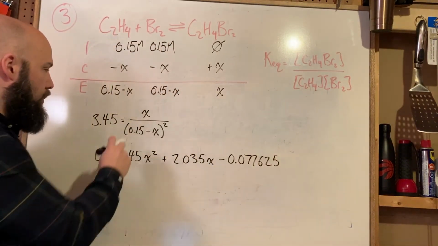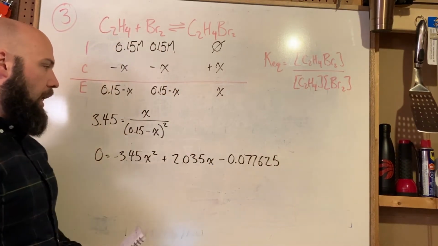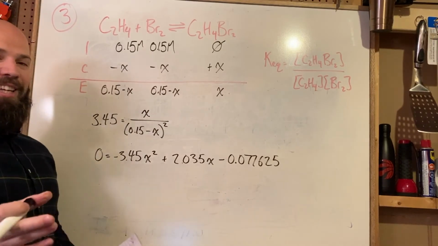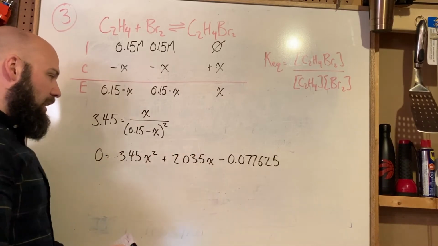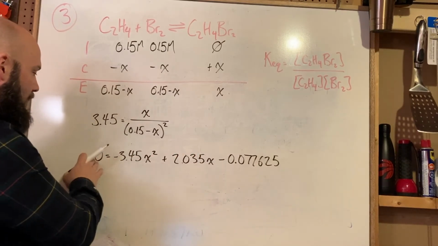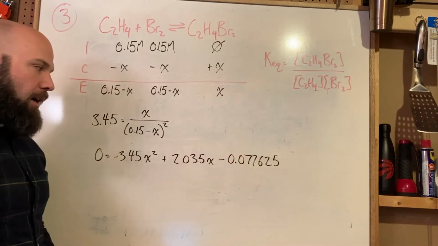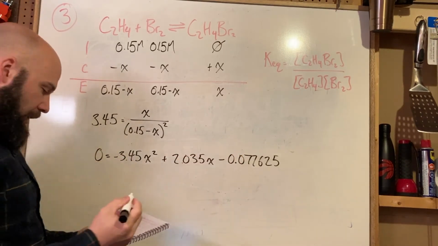So all I've done here is rearrange this formula to get none of the terms on one side to be able to have your A, B, and C values to plug into that quadratic formula.